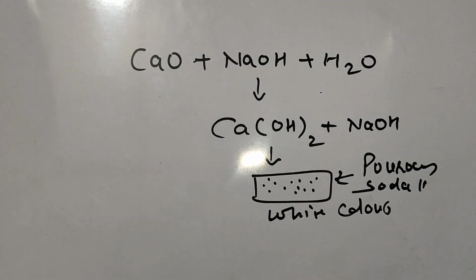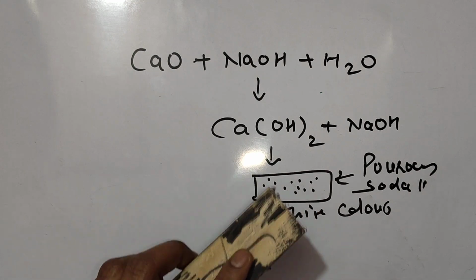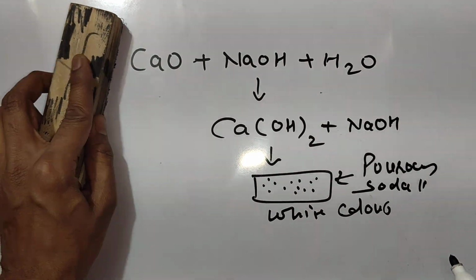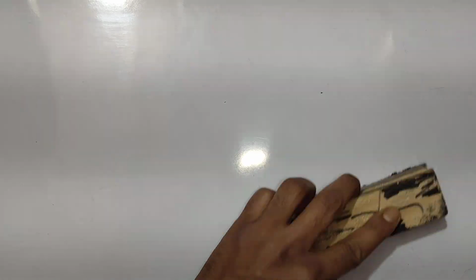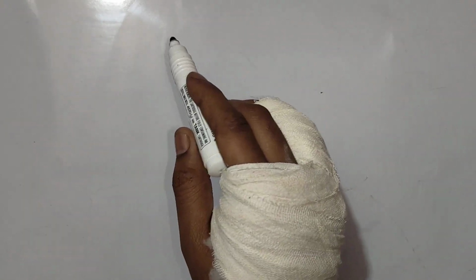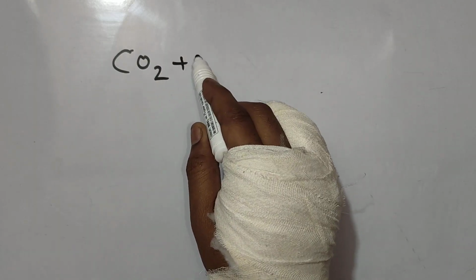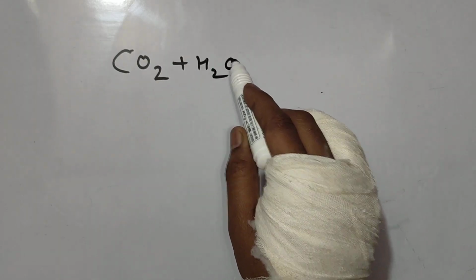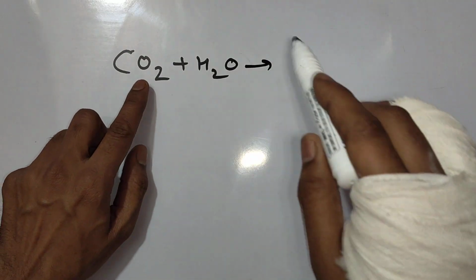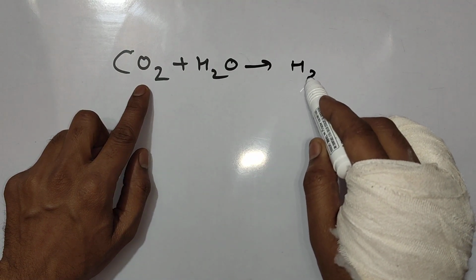Now, let me tell you what reaction will happen with this soda lime and carbon dioxide gas. As you know, in soda lime, water molecules are available. So carbon dioxide gas plus water firstly will create carbonic acid, H2CO3.